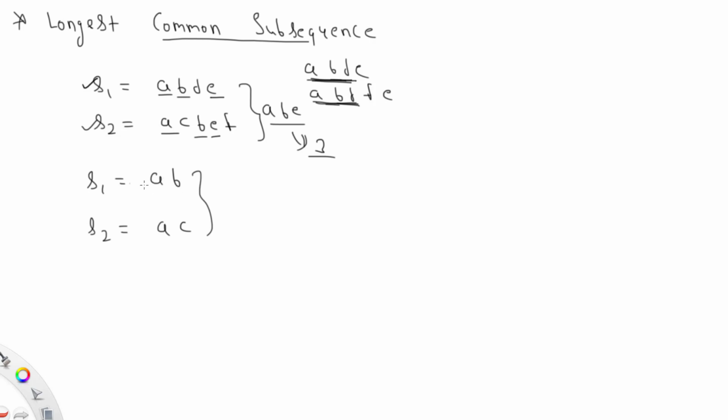Only one, this A, right? Take one more example: AB and CB. Here also we have one common subsequence, because only one character is matching.